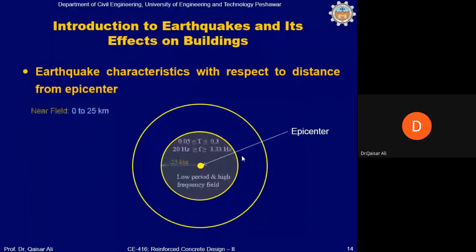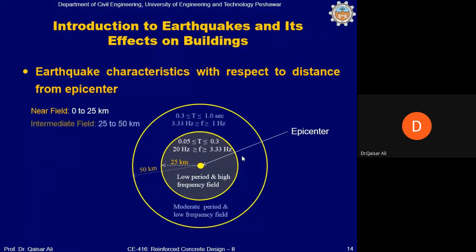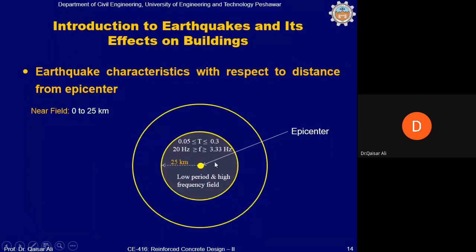Okay, the characteristic of earthquake waves with respect to distance from epicenter. This is one of the important concepts in earthquake engineering. When an earthquake occurs, within the 25-kilometer range from the epicenter, there is a field which is called as near field, in this circle shown here from this yellow dot, which shows basically the epicenter, and this is the epicentral distance.